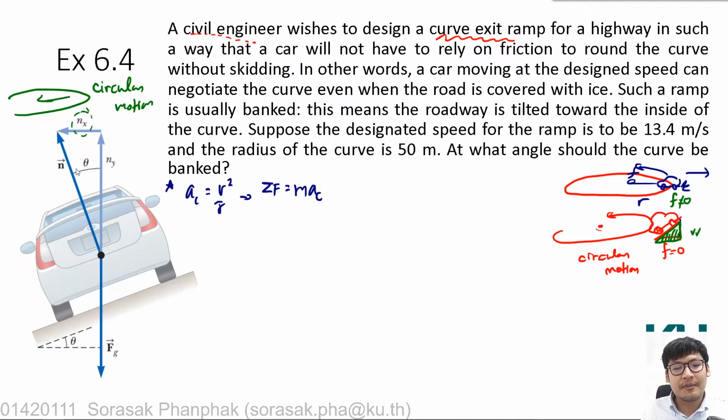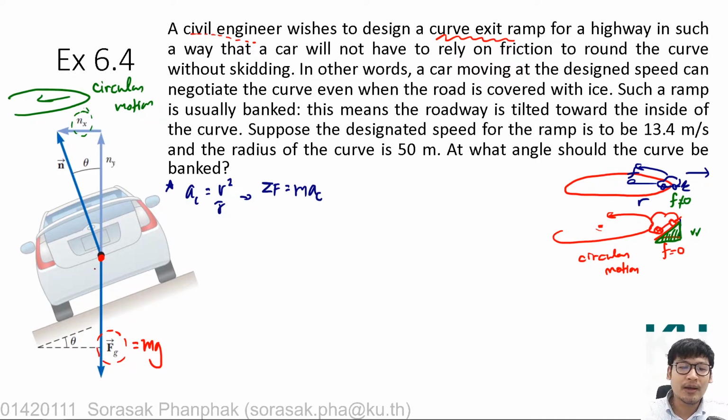Thinking about all of these parameters, you have the mg of the car going downward, which is F_g, the weight of the car.